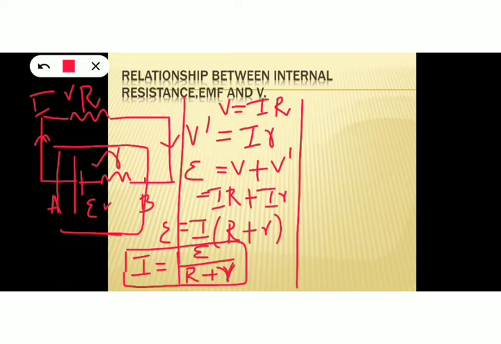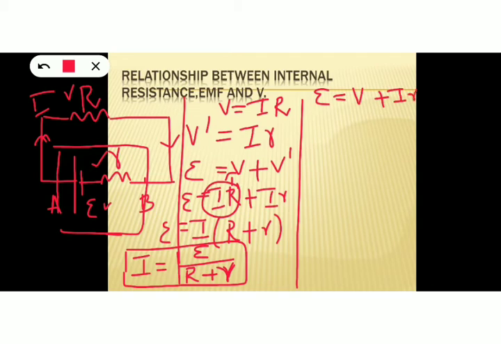So this is the relationship which connects the current I, EMF E, and the internal resistance small r. Okay, and this IR is nothing but the terminal potential difference V. This expression E equals IR plus I r can be rewritten like this: E is equal to V plus I into small r.